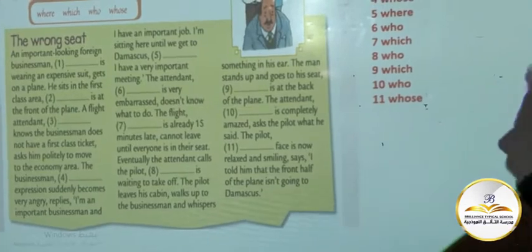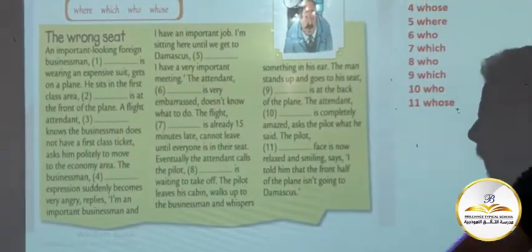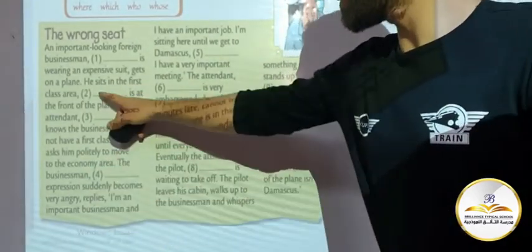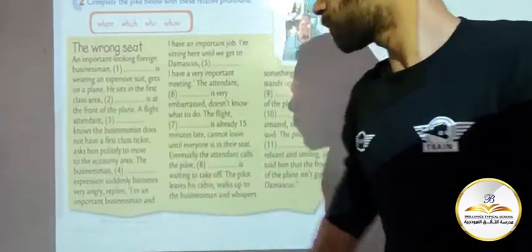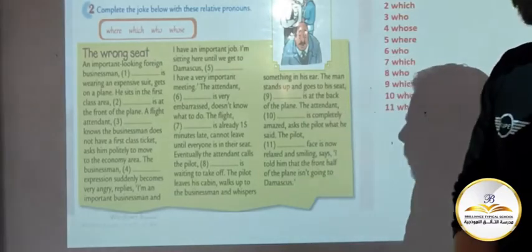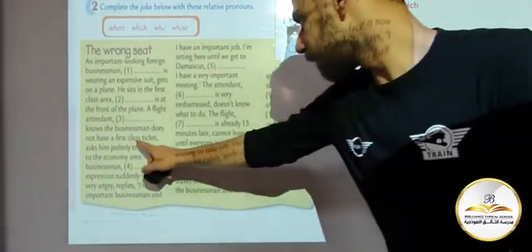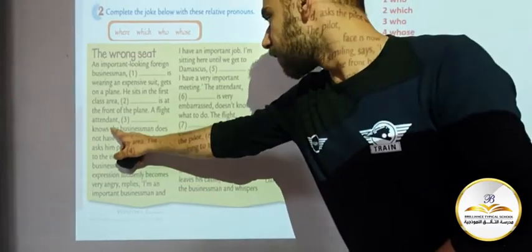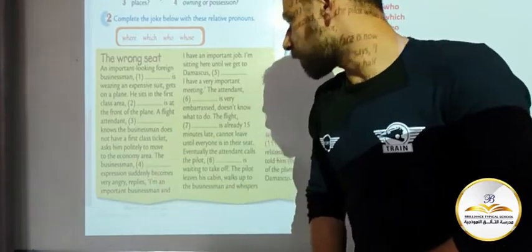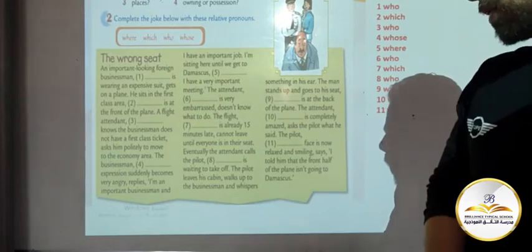We are going to say an important looking foreign businessman who is wearing an expensive suit gets on a plane, he sits in the front area, which is at the front of the plane. A flight attendant who knows the businessman does not have a first class ticket asks him politely to move to the economy area.